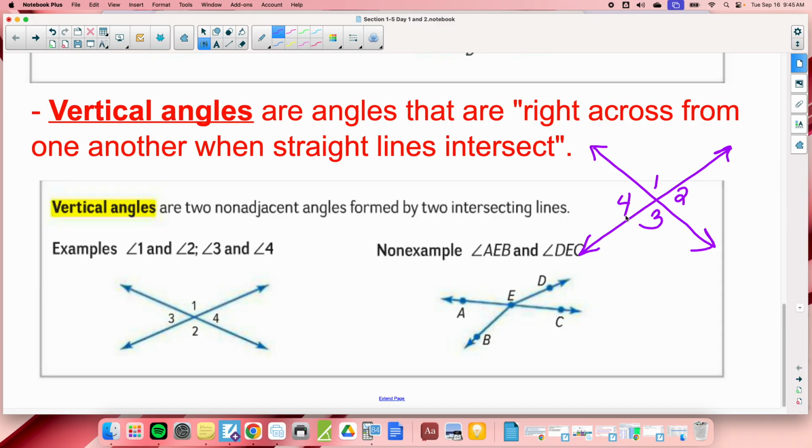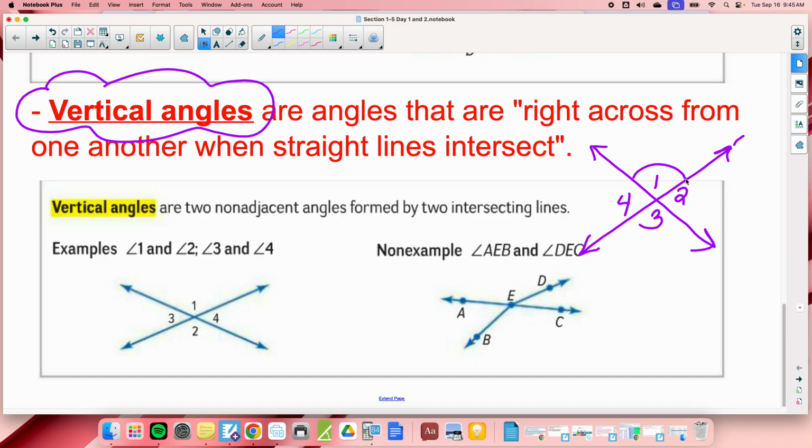If you have an angle that is right across from another angle when 2 straight lines intersect, they are called vertical angles, okay? And one of the things we're gonna learn today is they're also congruent or equal.